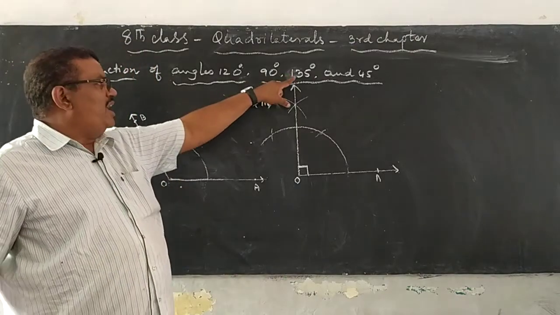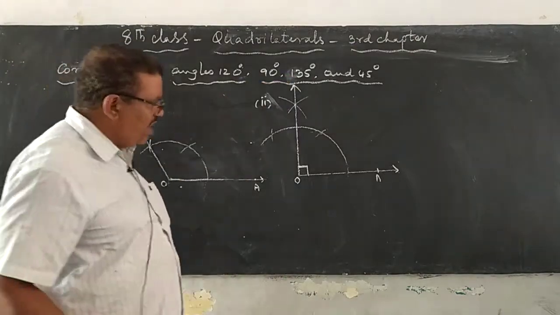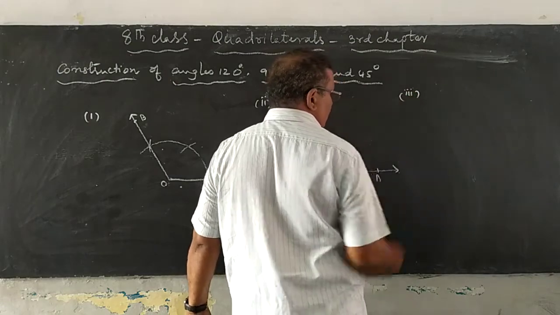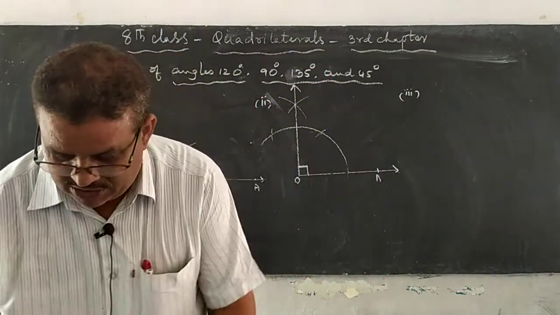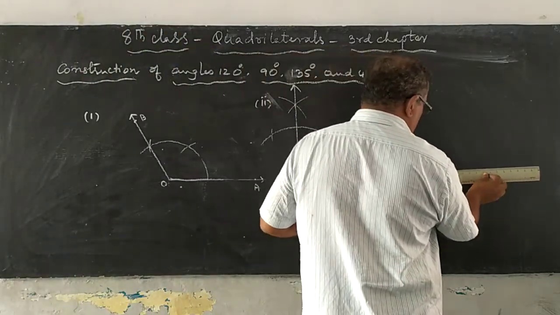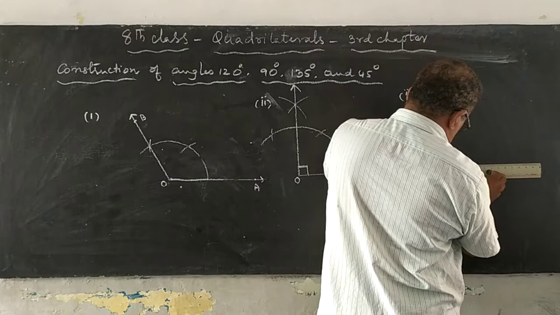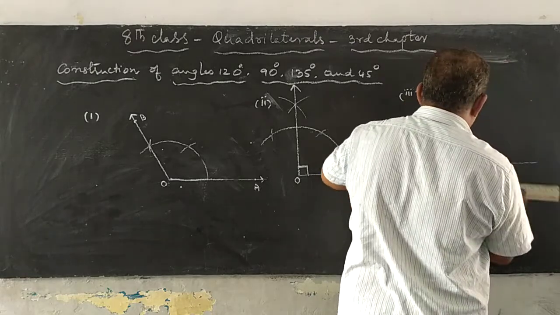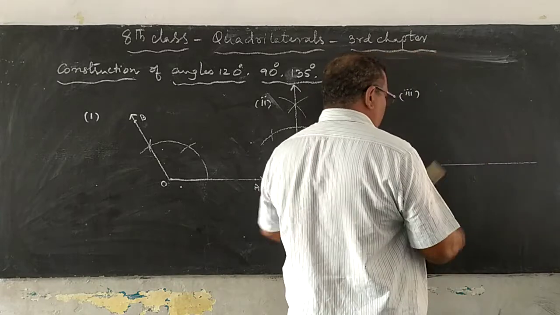How do we construct the angle 135 degrees? Same position. Third diagram. 135 degrees, how do we have to construct it? Let us take this one. Draw one more ray OA.